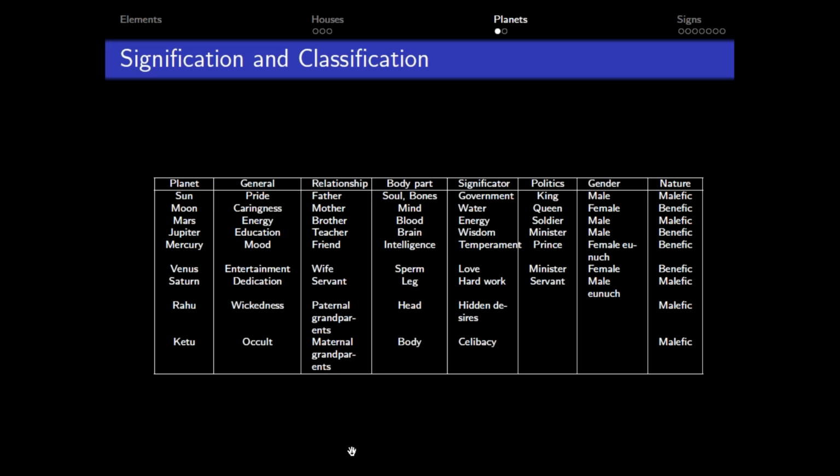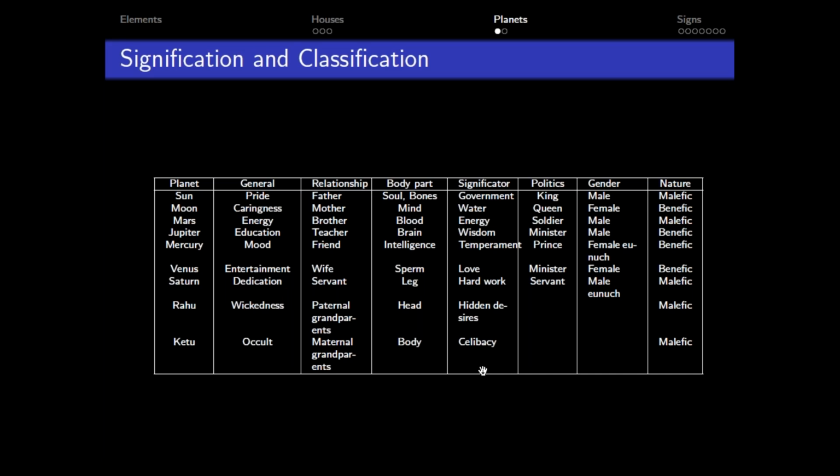So there are 9 planets. Planets can be malefic or benefic. Some planets are sometimes retrograde and sometimes in direct motion.